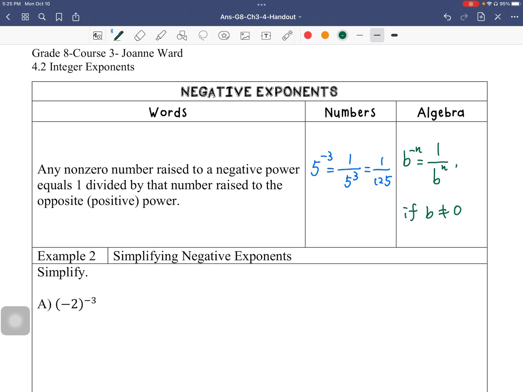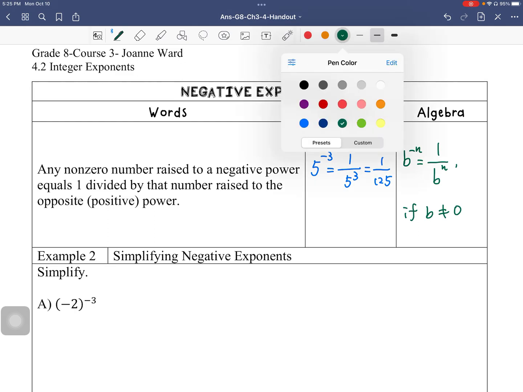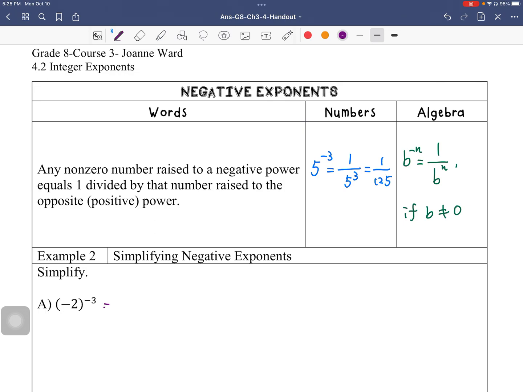So now, to simplify, here, 1 over negative 2 to the power of positive 3. So it's 1 over negative 2 times negative 2 times negative 2.